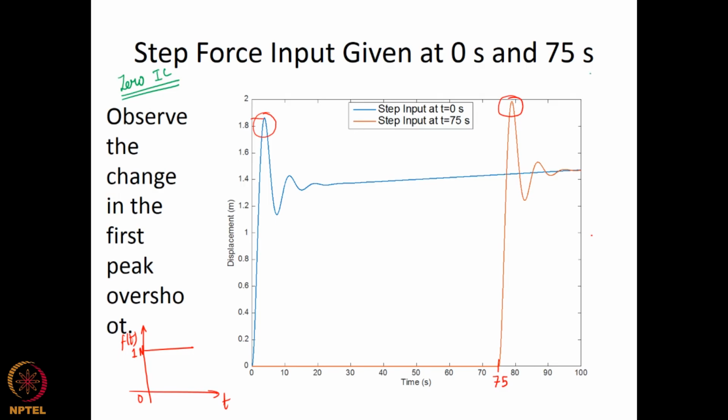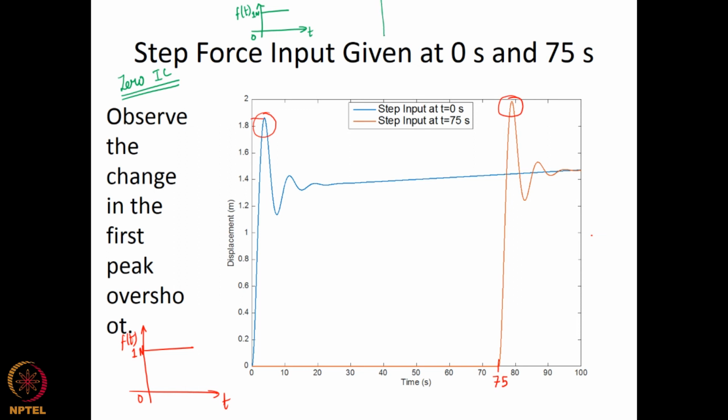What we do is give a unit step force, a force input of 1 Newton, in one scenario at time t equals 0, and the response is indicated by the blue curve.